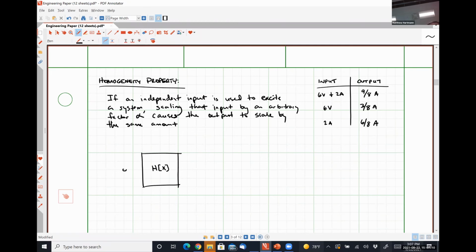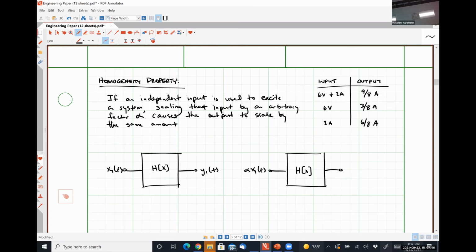So if we take our black box system and we apply some input x1 of t, which gives us some output, y1 of t. If we take that exact same system, now we have alpha multiplied by x1 of t, where alpha just needs to be a non-time varying number, okay? What's really interesting about that, so that means it can be real numbers.